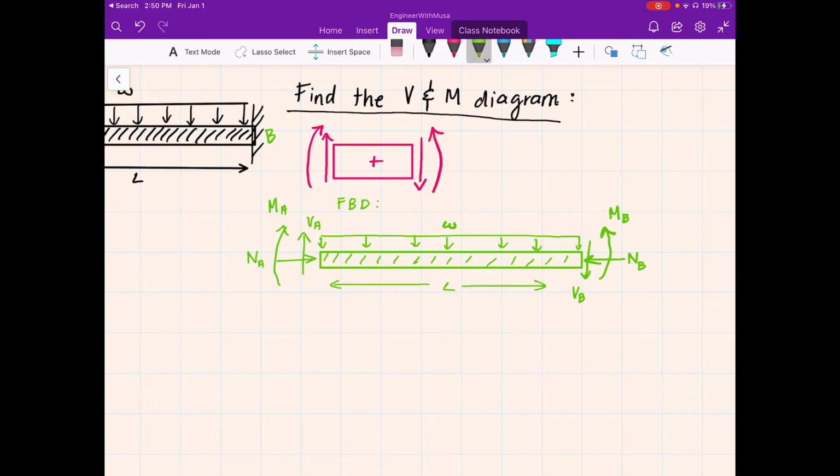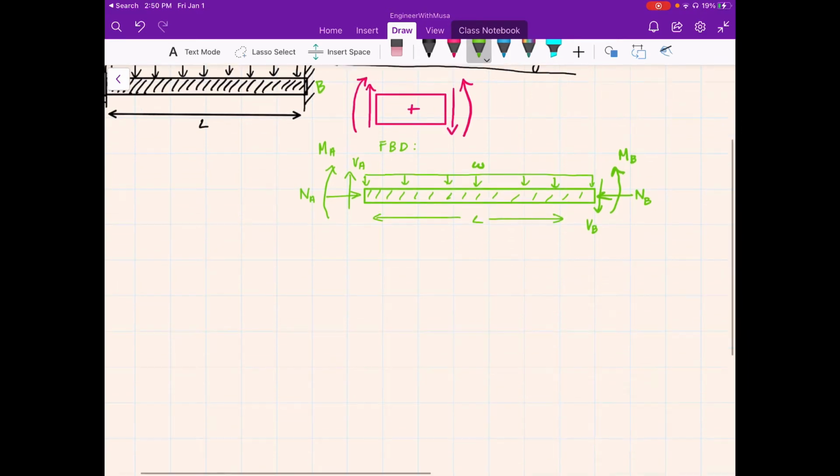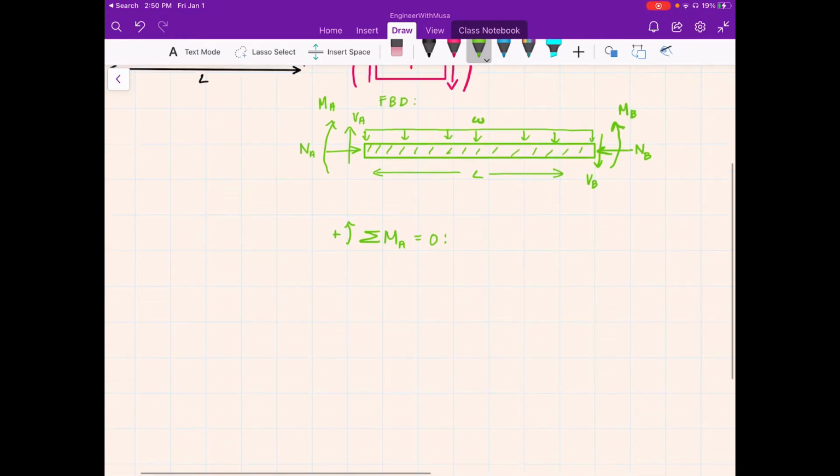The length L is the entire span. Now the first thing we need to do is find the sum of the moments about point A. So go ahead and write the sum of the moments about point A, with the positive sign convention being counterclockwise, always. And we go ahead and solve.